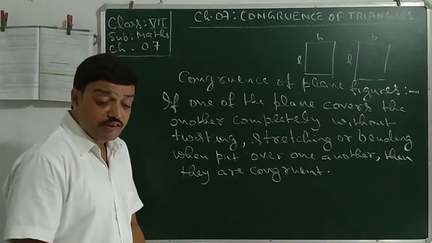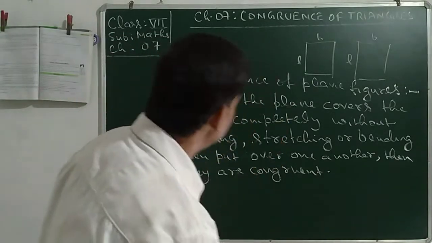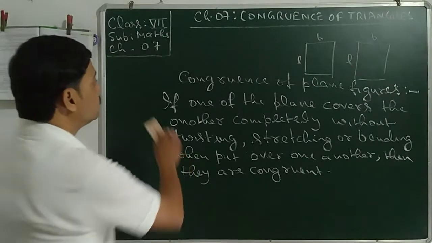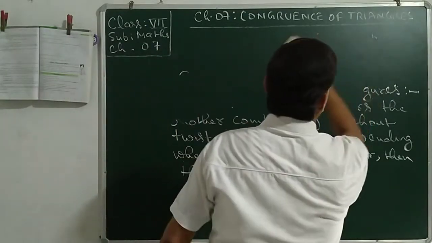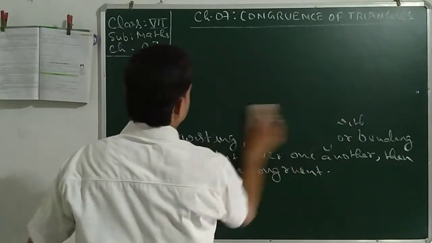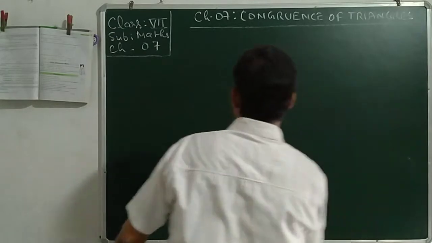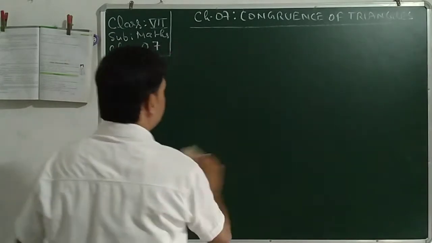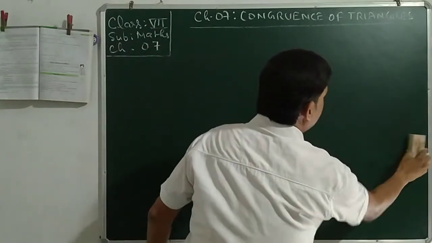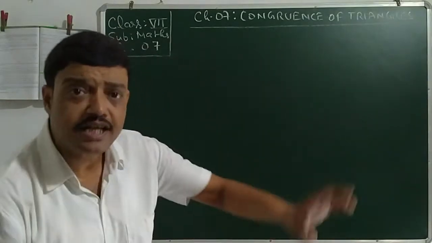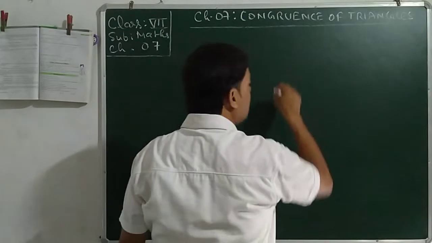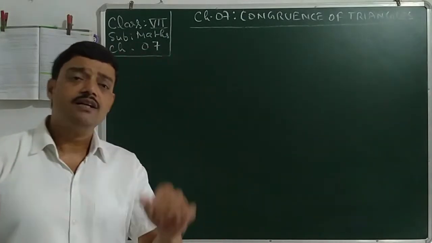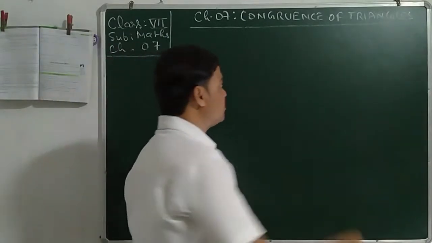Come to another thing, that is congruence of line segments. To understand the congruence of line segments, we don't need to look at the thickness of the lines, because in a line only the length of the line is considerable.